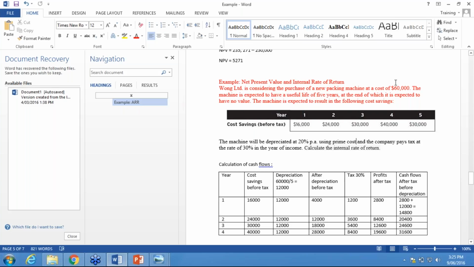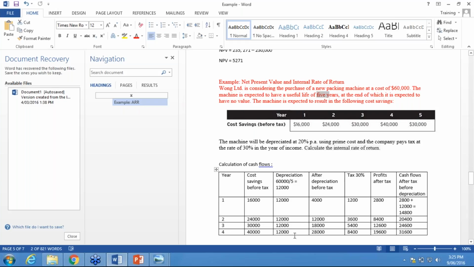In simple language, just take the original cost and divide by number of years. 60 divided by 5, that is your depreciation, 12,000. Or the question asks you to calculate depreciation at 20% using prime cost. Prime cost means whatever the cost is, that is 60,000, depreciation is just 20%. Of course, it's 12,000. So anyhow, the figures are the same.